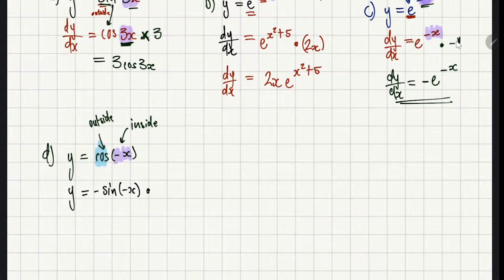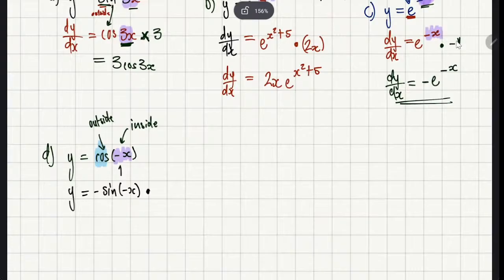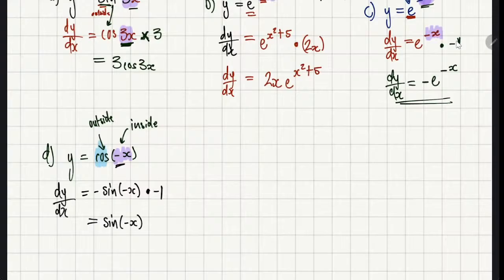But then we multiply by the derivative of the inside, which is the derivative of negative x, and that's negative 1. So negative 1 times negative sine will give you a positive sine of negative x, like this. There we go.